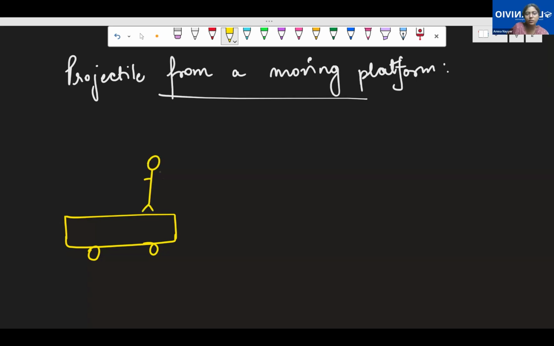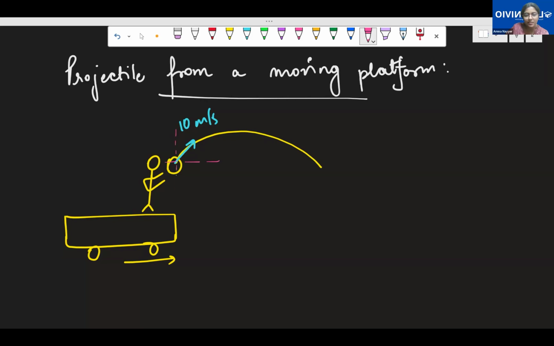Now, this person throws up a ball. Now, this covers up a projectile motion. And this car is already moving with some velocity. Let's say he throws this with a speed of 10 meter per second, and the angle that is made with the horizontal is 53 degree.